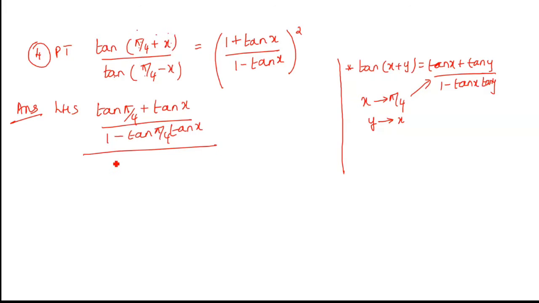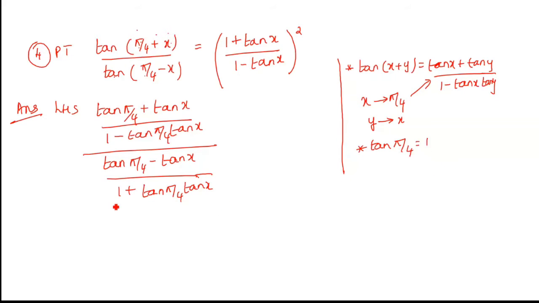Whole divided by the denominator, the tan (x minus y) formula. So it is (tan pi by 4 minus tan x) divided by (1 plus tan pi by 4 into tan x). Okay, what is the tan pi by 4 value? Pi by 4 means how much? 45. How much is tan 45? 1.